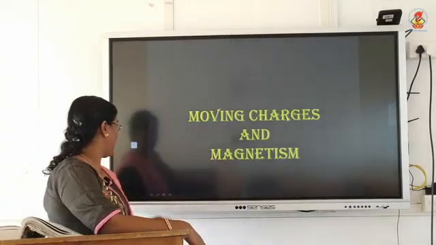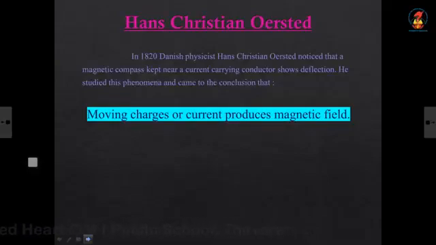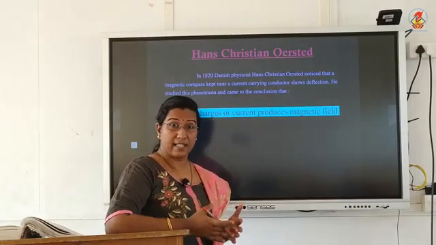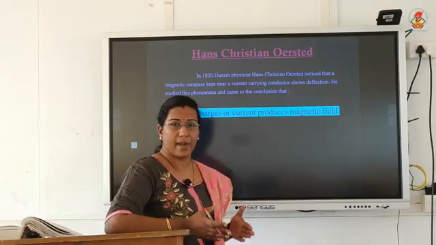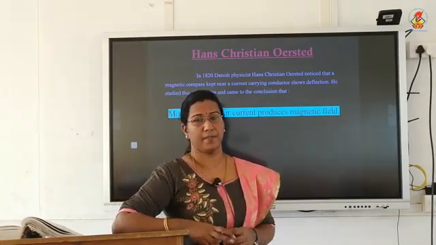Now, in 1820, a famous physicist known as Hans Christian Ørsted noticed, while demonstrating an experiment in his classroom, that a magnetic compass needle, when placed near a current carrying conductor, shows some deflection.